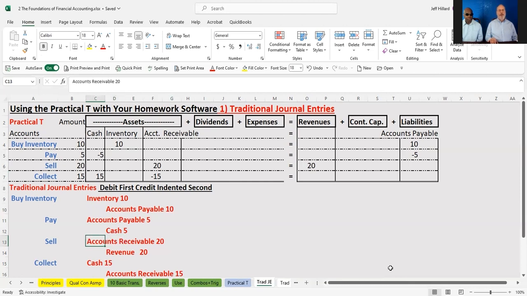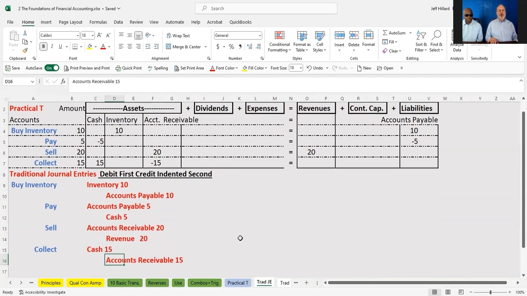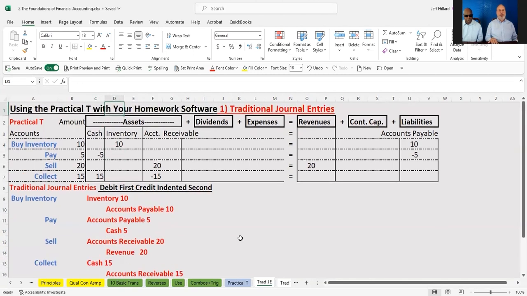Accounts receivable is going up. It's an asset. So that's your debit. Revenue is your credit of 20. And the last one is collect. Your cash is going up. So that is your debit listed first, and accounts receivable going second.